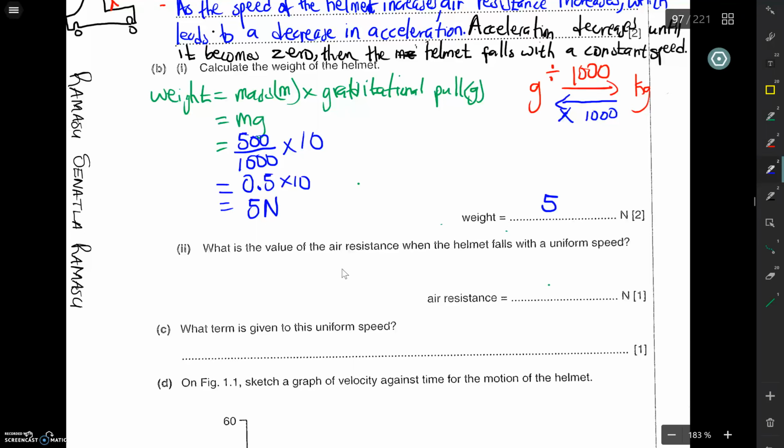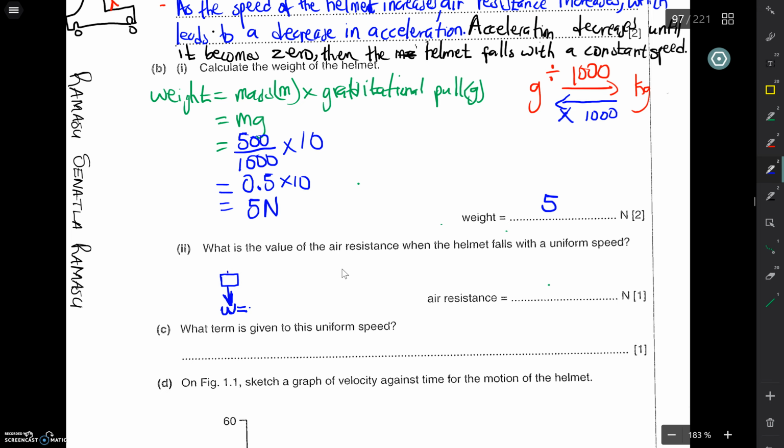Now when there's 0 acceleration, because the helmet is falling, right? It is falling, being pulled down by gravity. So the force acting downwards on the helmet is equal to its weight, right?